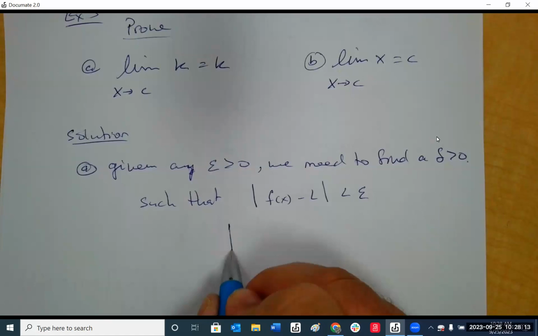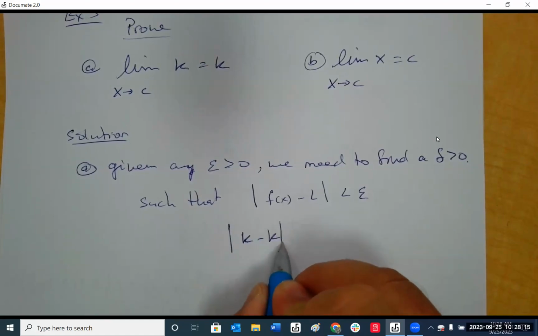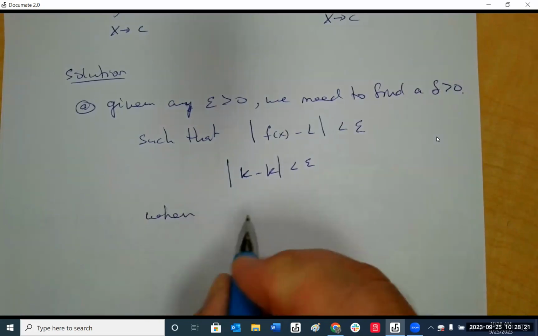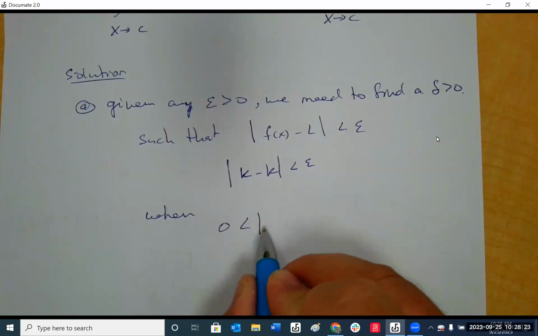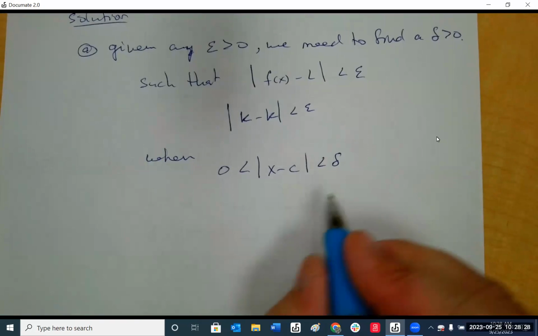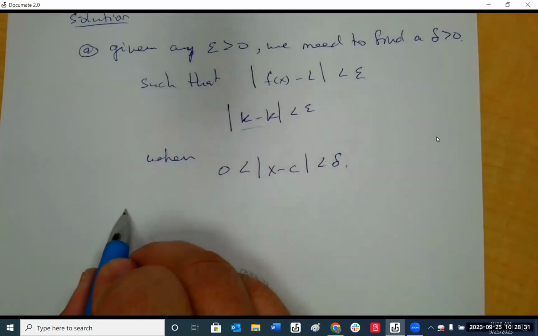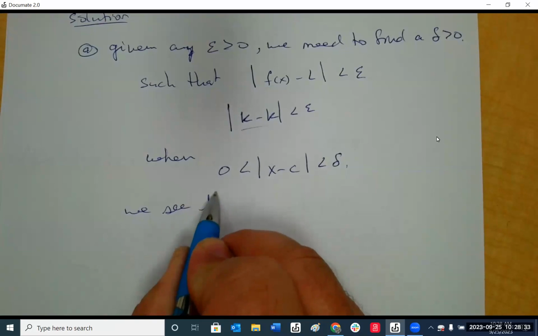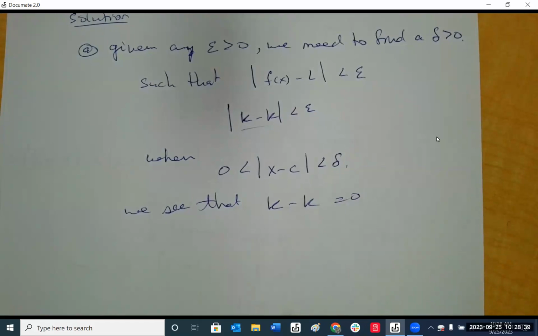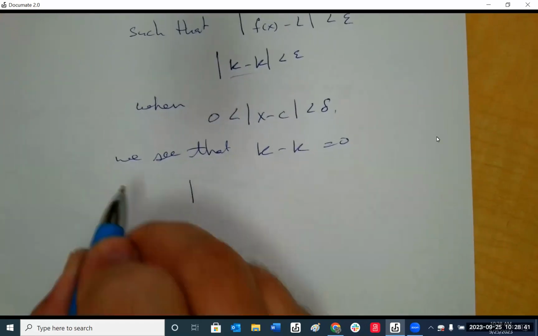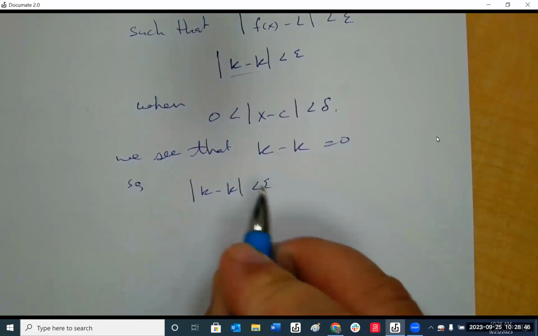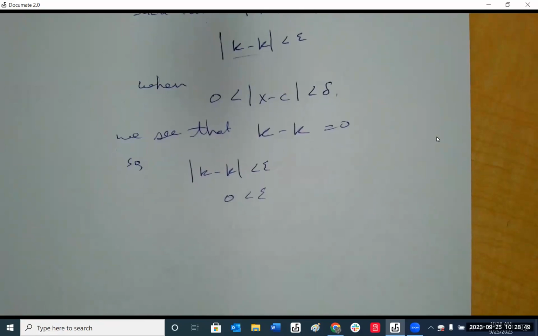In this case, k minus k is less than epsilon when absolute value of x minus c is less than delta. We see that k minus k is equal to 0. So k minus k is less than epsilon, which is 0 is less than epsilon.